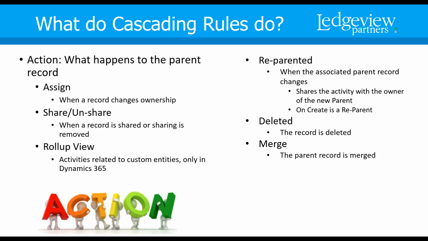Okay. Reparented. This is your action. This is one of the most confusing cascading actions. Reparented simply is saying when the parent is changed. So the easiest way to look at this is an activity. An activity is associated or regarded to another record.